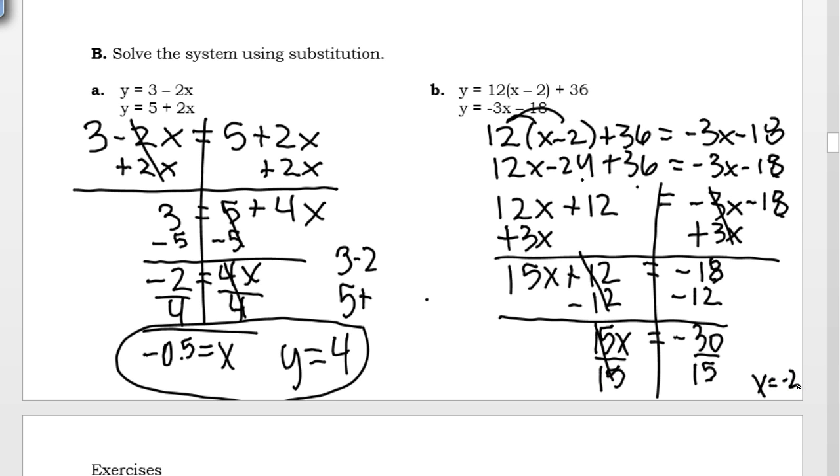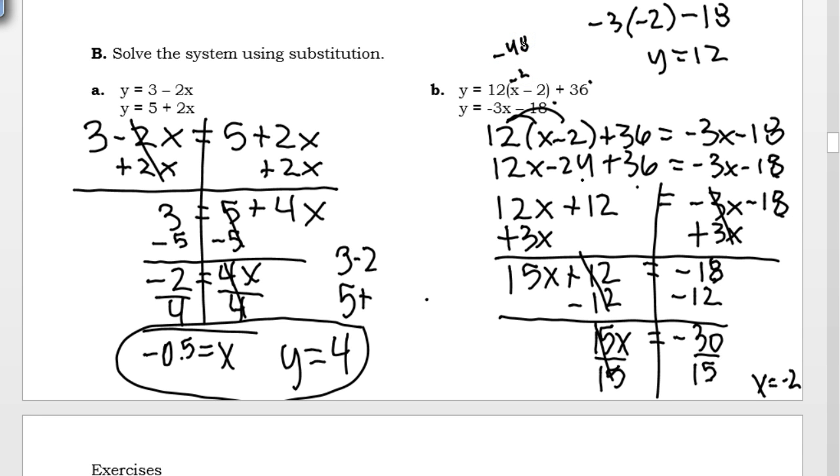I need to substitute that value back in. I'm feeling kind of lazy. This one looks a little more complicated, so I'm just going to sub it into the bottom one. And negative 3, sub in a negative 2. That is a positive 6. 6 minus 18 is 12. And I just feel lazy. I don't know. Negative 2 times 12 is negative 48.